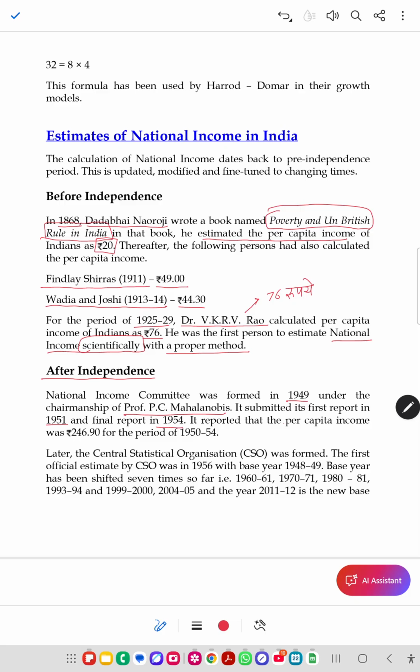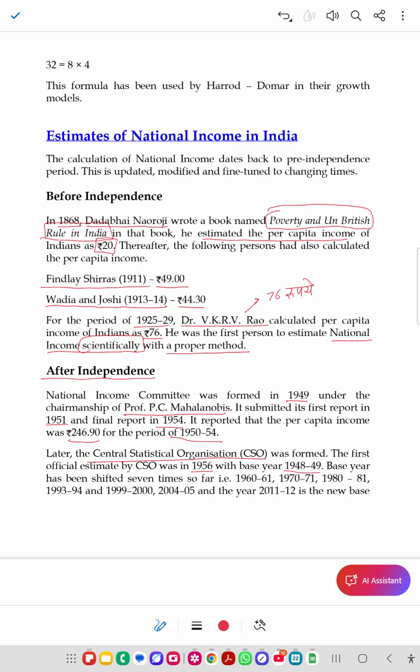It reported the per capita income was 246.9 for the period 1950 to 54. Later, the Central Statistical Organization (CSO) was formed. The first official estimate by CSO was in 1956 with the base year 1948-49.